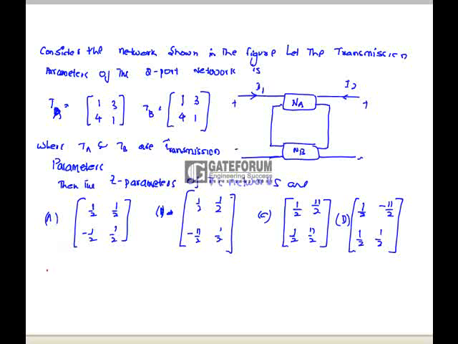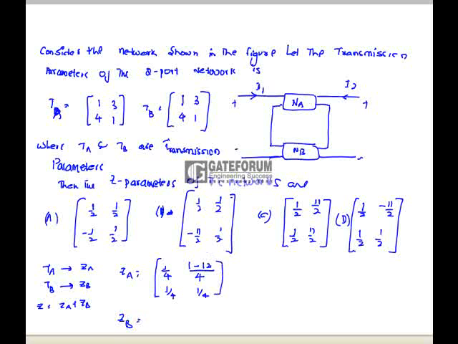That is, TA is converted into ZA, TB is converted into ZB, then Z equals ZA plus ZB. Here ZA is equal to 1/4 and 1 minus 12 divided by 4, 1/4 and 1/4.